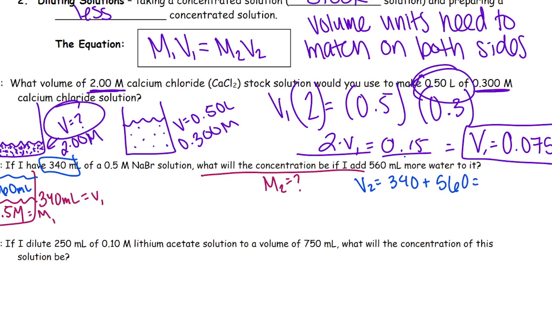If you don't know, use a calculator. What'd you say? 900. And our unit for that will match the units that it was already in. So that would be milliliters. So my volume 2 is 900 milliliters.